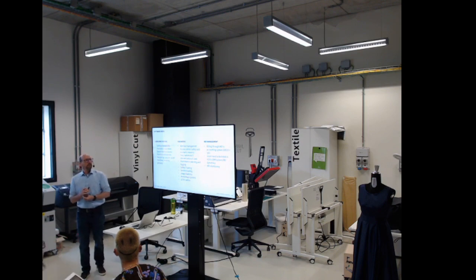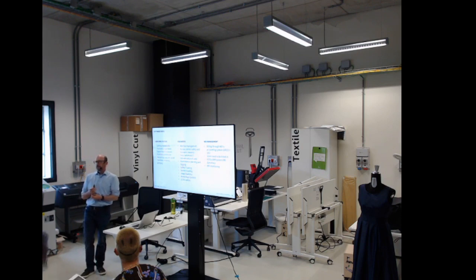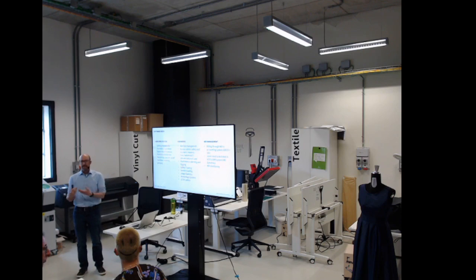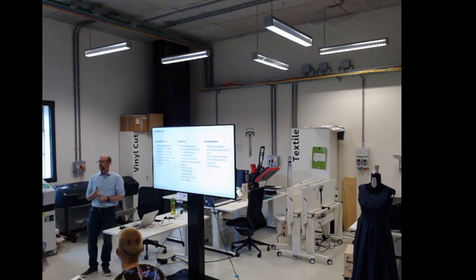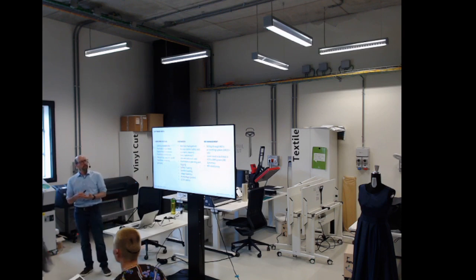We need to use the NOI customer relations management system so that our colleagues can access information about our customers as well. And we need to monitor our KPIs, our key indicators, and also other indicators as well.